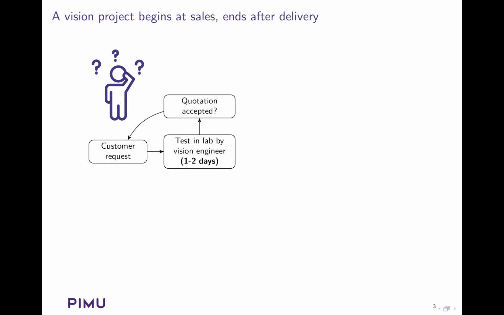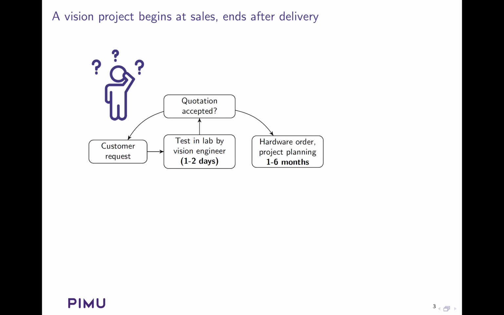Again, this is quite specific to industrial vision. It's not as broad as imaging, but the way a typical project is undertaken is you get a request. It could be from a customer or within your own company. You run some tests in a lab to find the best image, the best solution you can offer. You get a quotation, so you propose a solution.